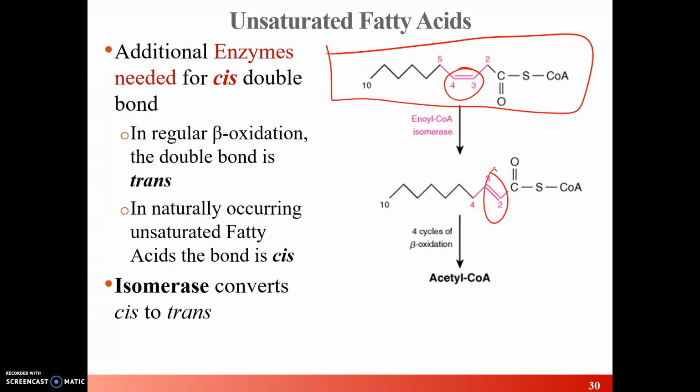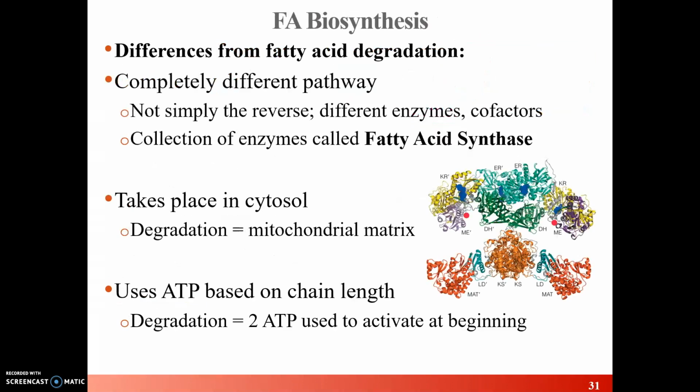That's it. It's one step. That's an isomerization, and that's all you need to know from this slide. If we happen to have cis, we have to switch it with an isomerase to trans. You don't need to know the exact name, just that it's an isomerization reaction. So for an unsaturated fatty acid, if it's an issue, isomerize it.